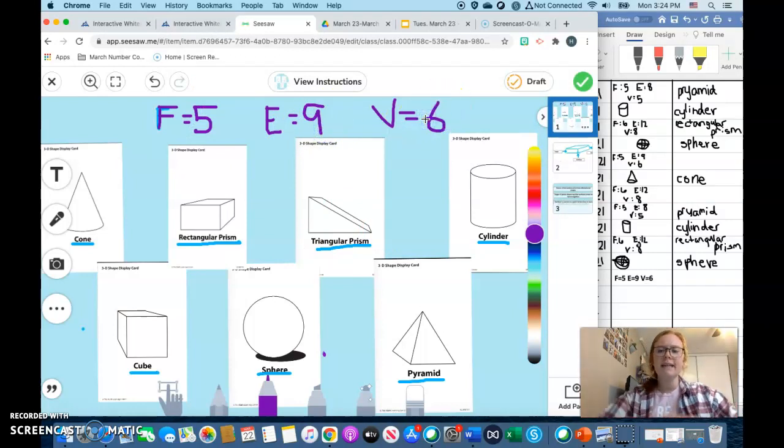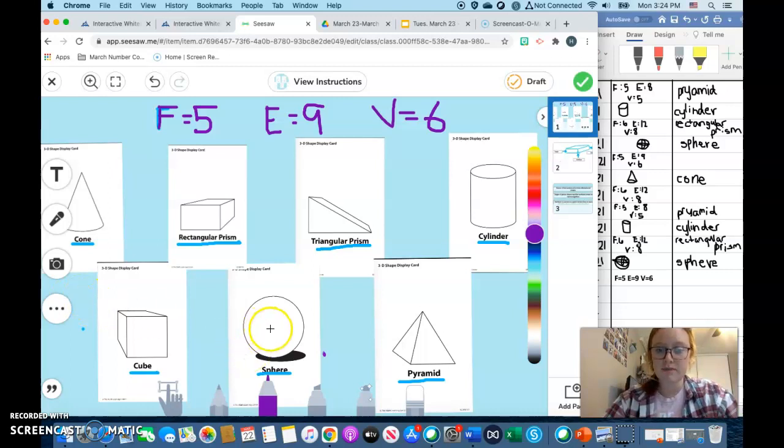So let's be detectives. Everybody put on your detective hat. We are going to look and see what shapes we can eliminate that do not meet our mystery clues. So first we have faces. Faces, remember, are flat sides. Let's look at all of our shapes. I noticed something about 2 of our shapes at least.